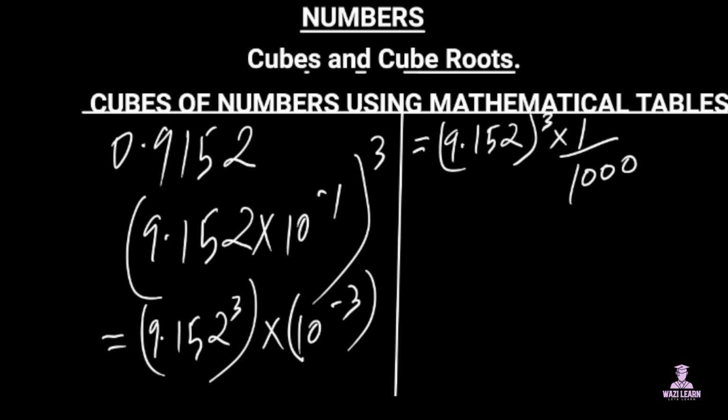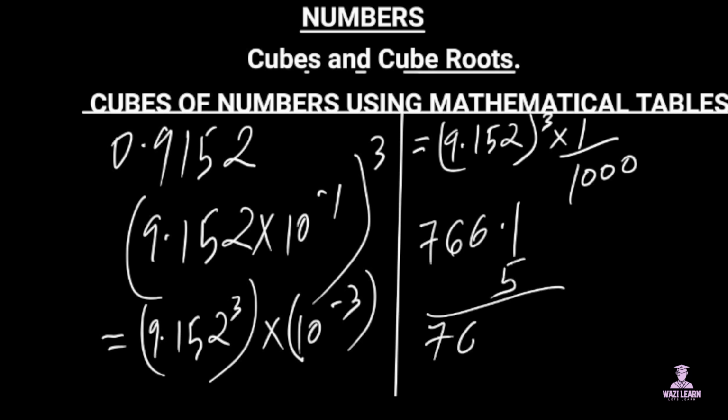So we look up 9.1, and then you move across until it intersects with 5, so it will be 766.1, and then you move across and add the 5 at the very end. Then you multiply by 1 over 1000.